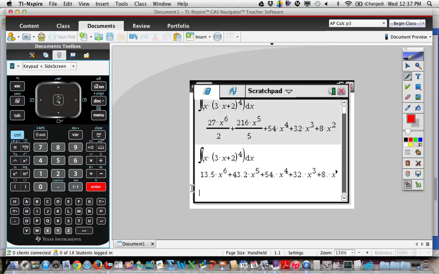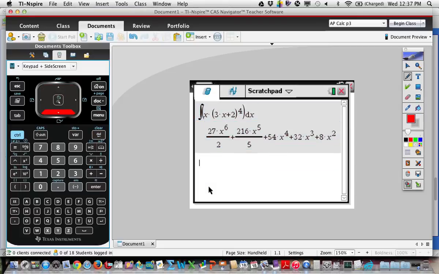1/54. Oh, shoot. That's not what I wanted. Okay, we had 1/54, 3x plus 2 raised to the, what was it, 6th?